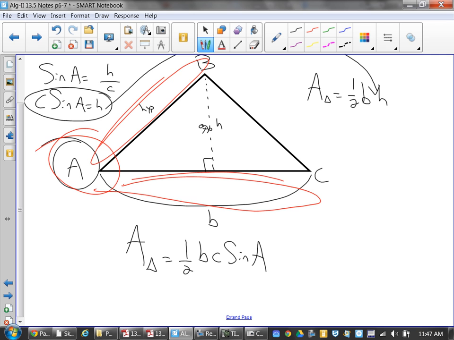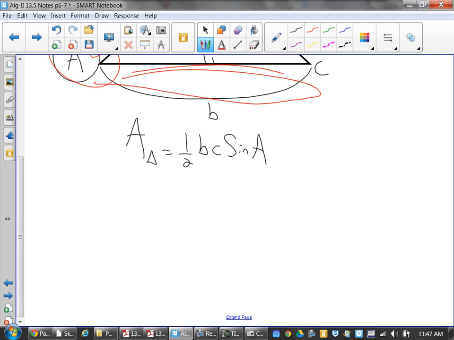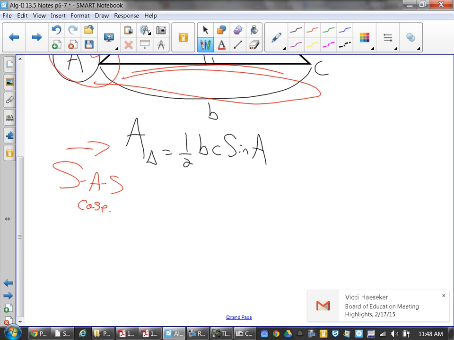Remember, this works for a side angle side case. I might give you side angle side to start with, or I might give you angle side, which means you have to use the law of sines to find the other side, then do this to make it work. But as soon as you get a side angle side scenario, this formula works.